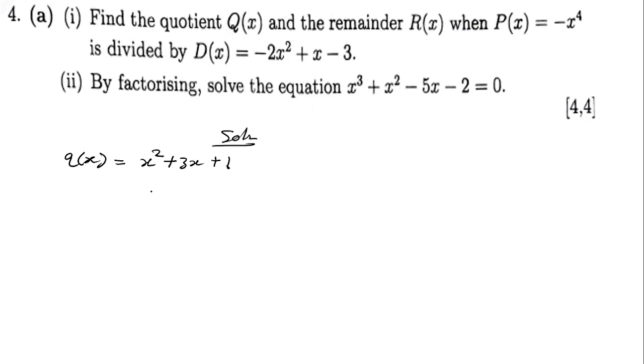If you look at this quadratic, using product and sum to factor, the product will be 1 and the sum will be 3, and you're not going to have any factors that work out there. Since that is the case, that equation is simply x minus 2 times x squared plus 3x plus 1.